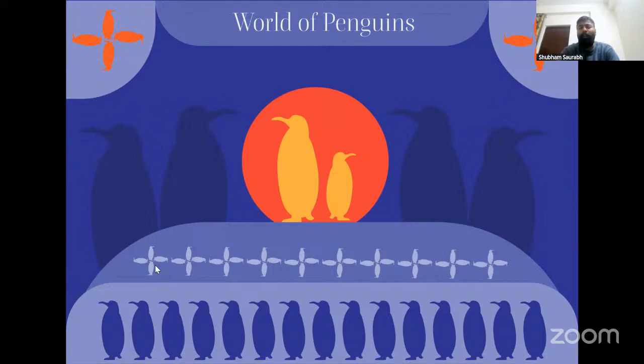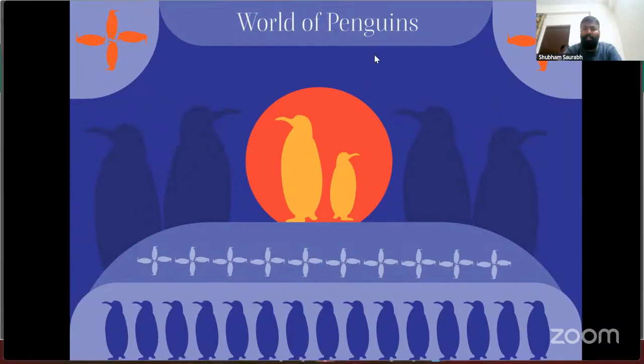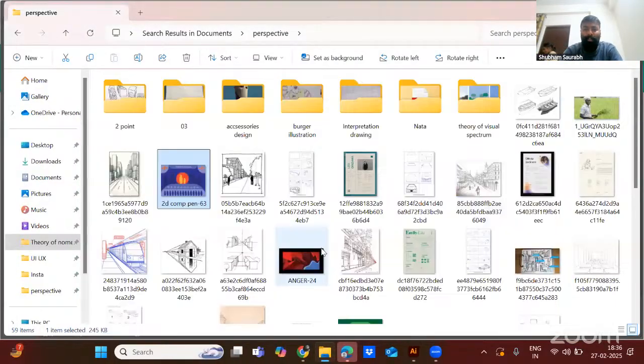So composing penguins in different sizes and different places also looks good to our eye. We have used just three colors, maybe blue, orange, and yellow. So this is one of the ways to crack these kinds of questions. Let's see different examples.